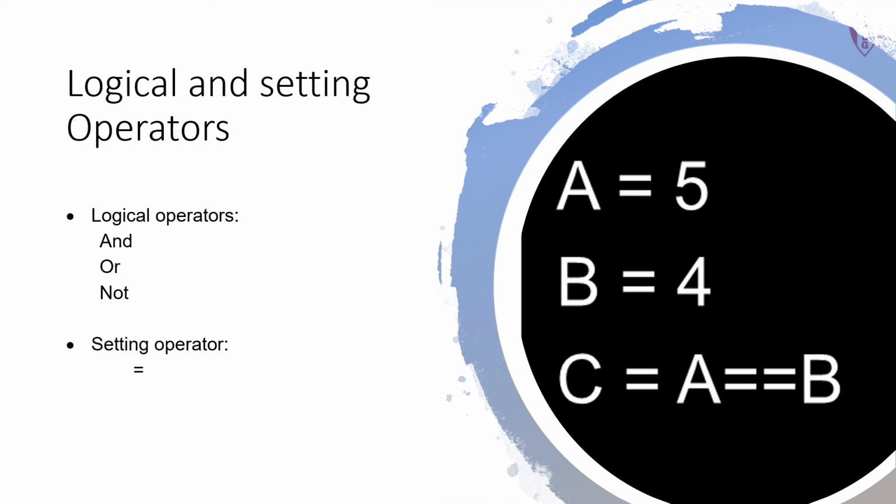And, or, and not are examples of logical operators. Equals is the symbol for setting. In this example, A is set to 5, B is set to 4, and C is set to the comparison of A with B, so false.